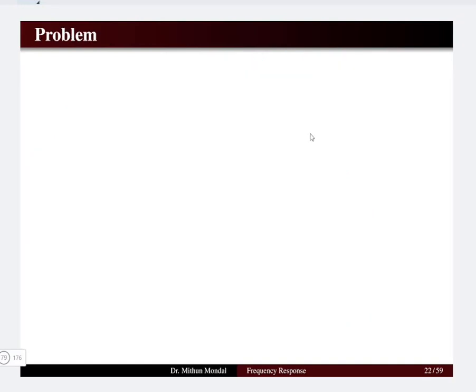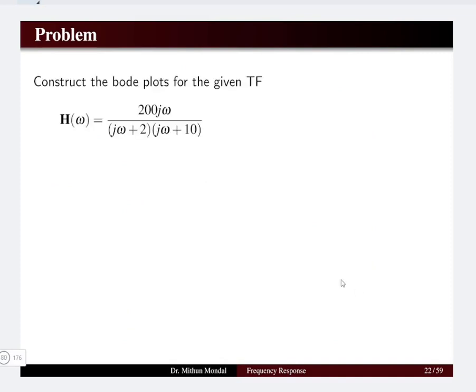We will solve one problem to understand the Bode plot. Construct the Bode plot for the given transfer function. This is the transfer function which is given to us, and we have to obtain the Bode plot for it.